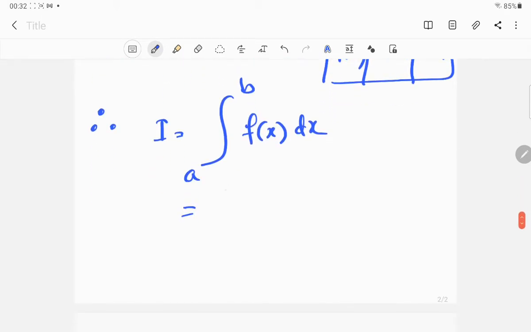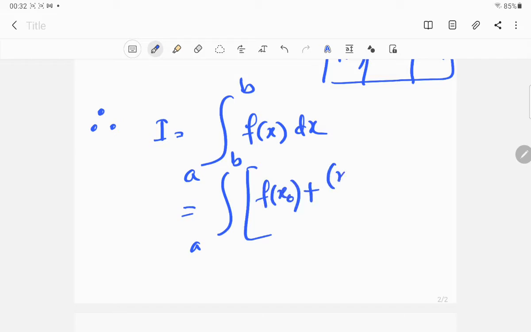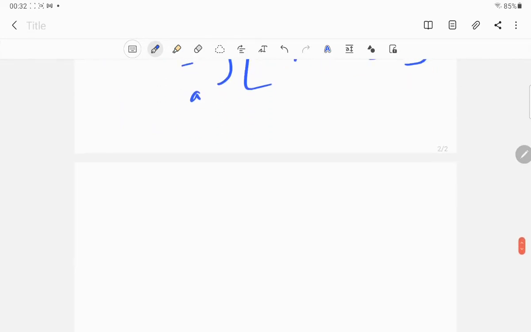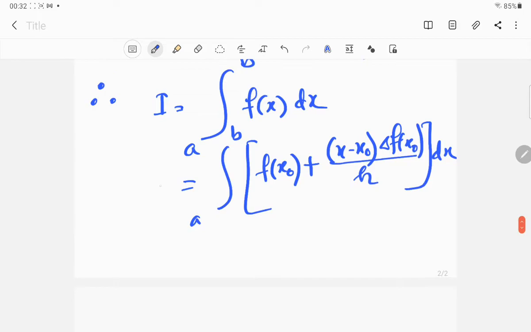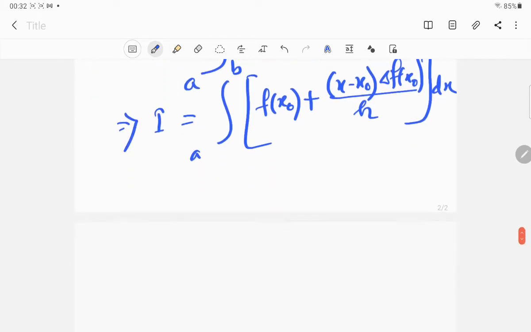So it will be the integral from a to b of f(x0) plus (x minus x0) del f(x0) divided by h, dx. That is our integration.